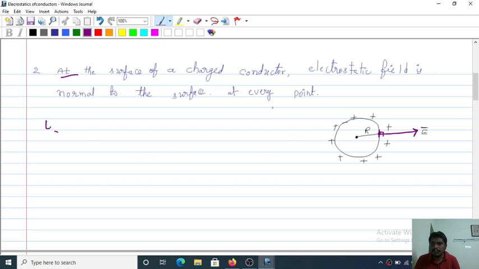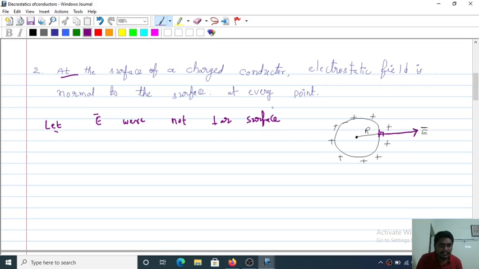Let us assume that E were not perpendicular to the surface. If it is not perpendicular, what happens? We'll take a negative statement and prove it wrong, so our original statement will be correct.